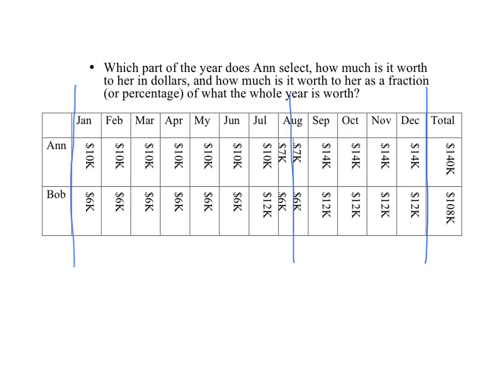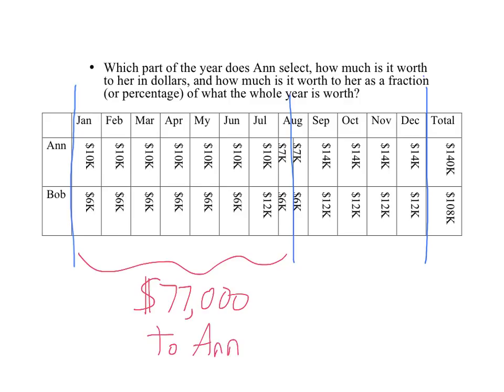Now, the first part of the year is worth a total of $77,000 to Ann, and the second part of the year, as Bob has divided it, is worth only $63,000 to Ann. That's based on adding up the numbers in Ann's row here. 7 months of $10,000 each, plus half of a $14,000 month, is a total of $77,000 in value.